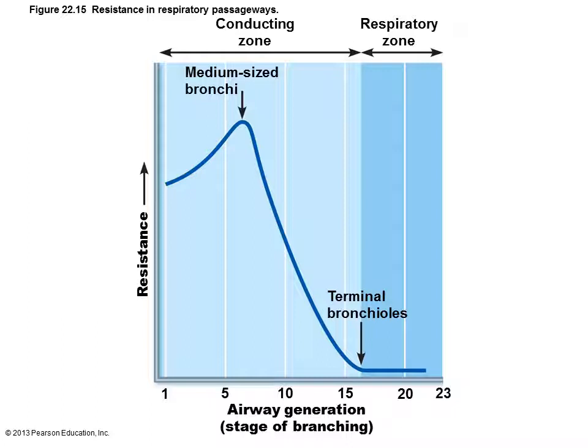Airway resistance is very insignificant in the large airway diameters in the first part of the conducting zone. However, as the airways progressively branch and get smaller, the total cross-sectional area increases, and so resistance is greatest in the medium-sized bronchi, and resistance disappears at the terminal bronchioles where diffusion drives gas movement.